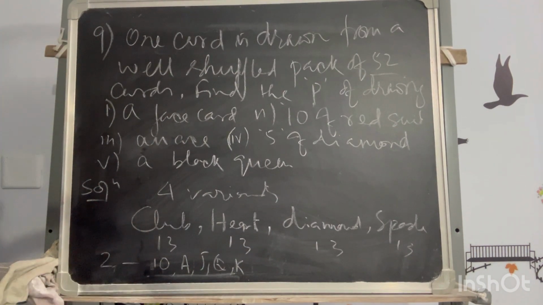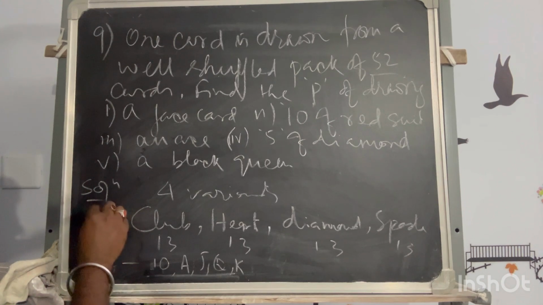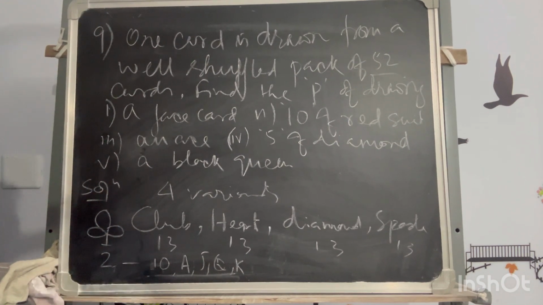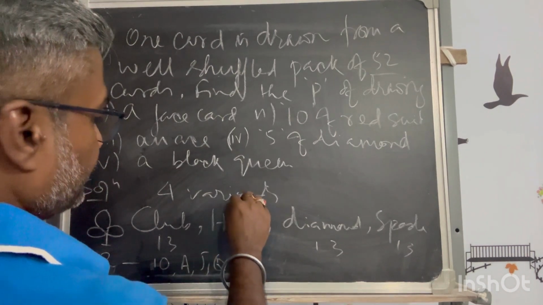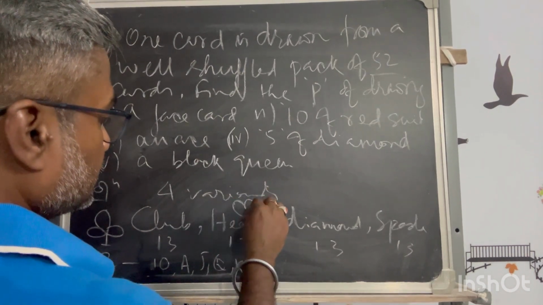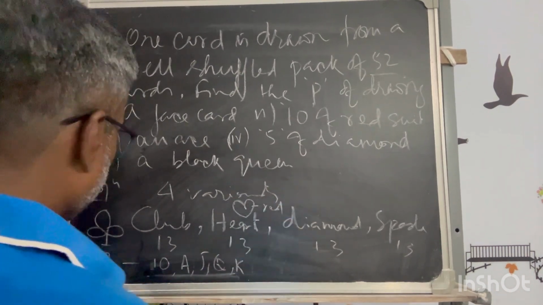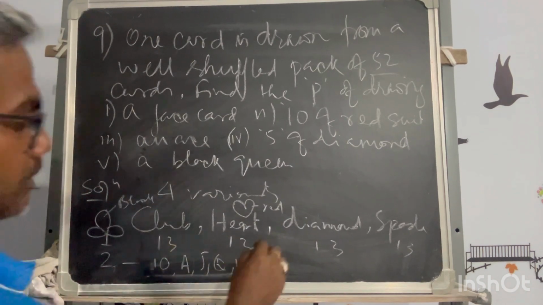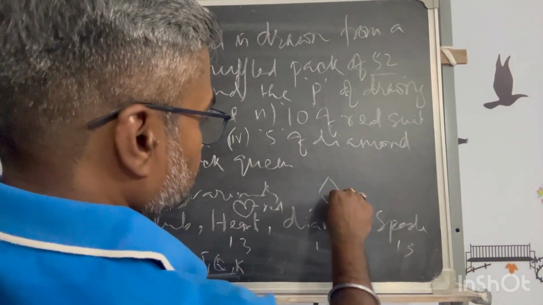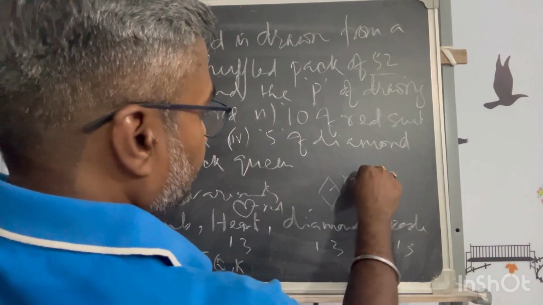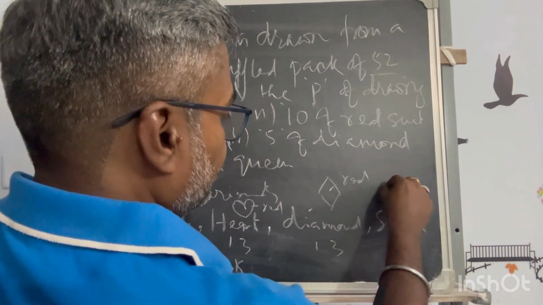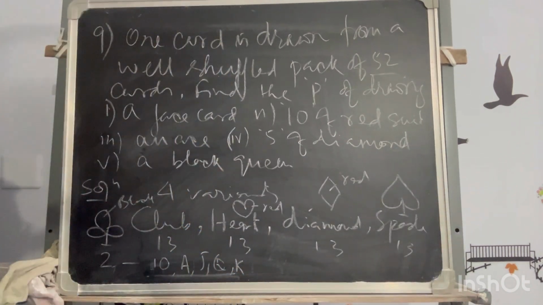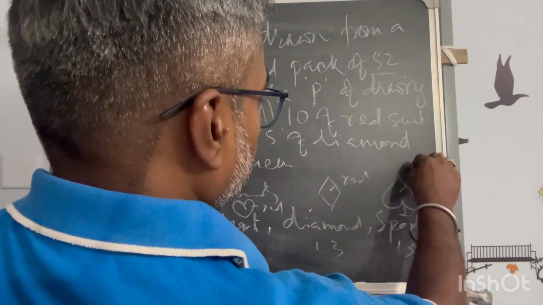The only difference is the symbol. Clubs have a club symbol, and hearts have a heart symbol, which is red in color. You need to know the color also. Clubs are black. Diamond is of rhombus shape and is red, and spade is a betel leaf kind of shape, and this is also black.